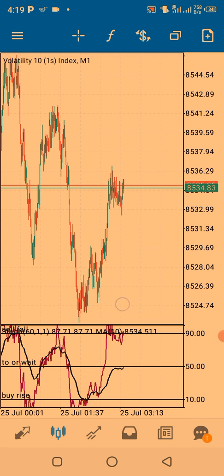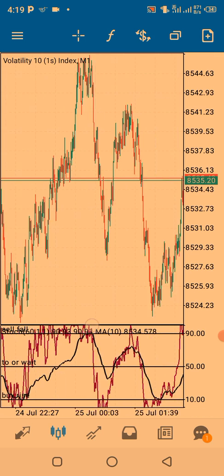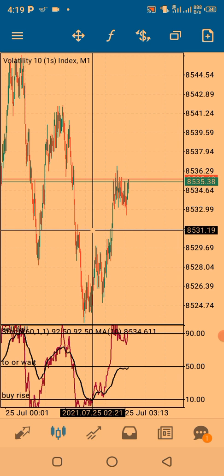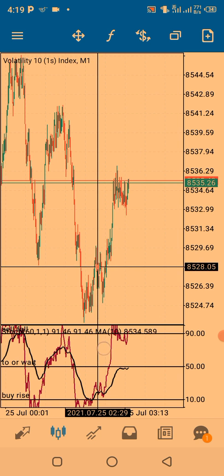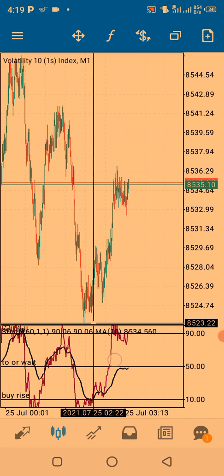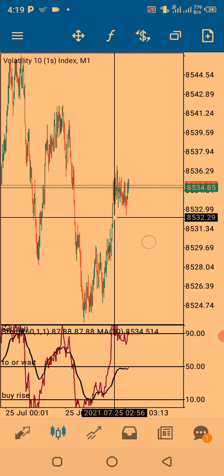Yeah, I think I traded it. It was a rise signal. Please make sure you shift this towards the left so that you get the rise signal. See it here. It crossed here. So once I see this cross, then I set my time to 15 minutes, and then I rise the asset.